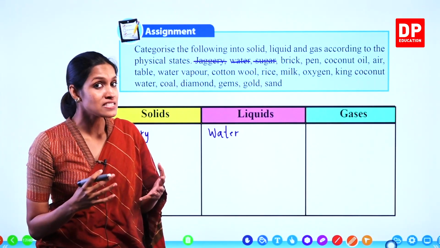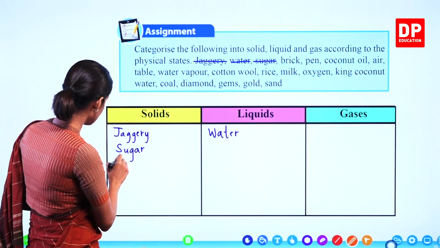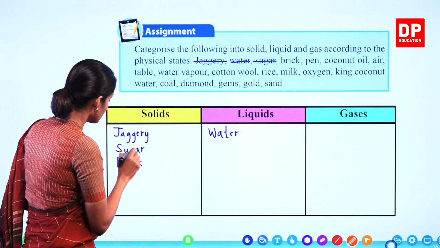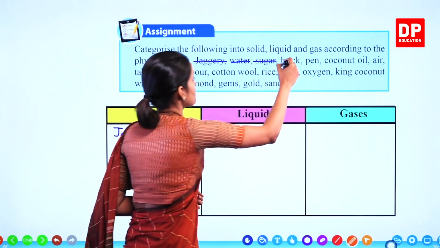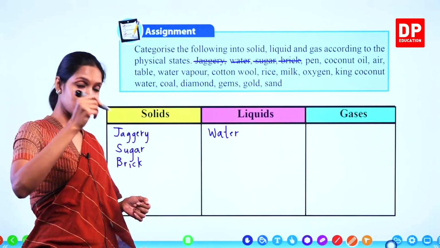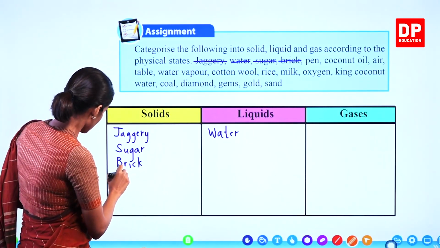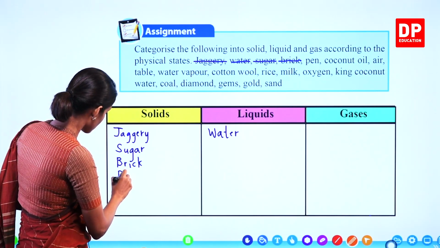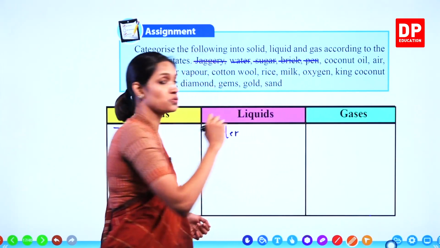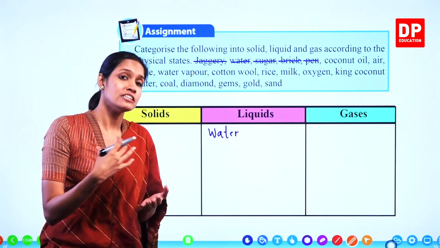Brick. Brick is definitely a solid. Okay. What about the pen? Pen is also a solid. You can feel it's hard, right? It's a solid. Coconut oil, I told you, it is coming under liquids.